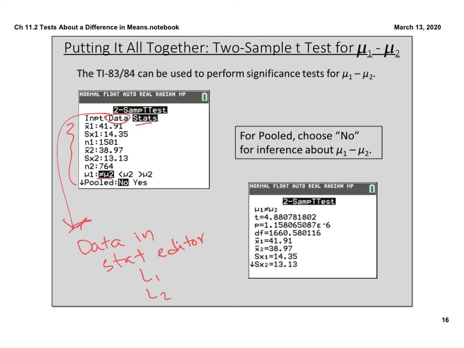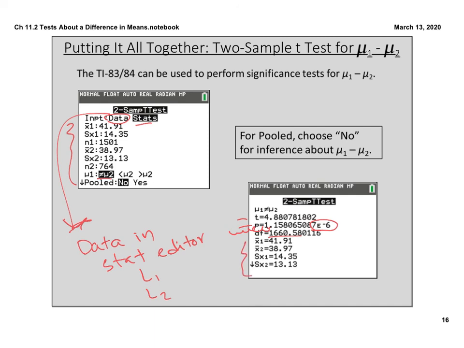This is the output that you get. They're just showing you a two-tailed test here, a not equal to. Here's your test statistic. Here's your p-value, that p-value that I got. See the e to the negative 6. That's how I knew I needed 5 zeros in front of that 1, because I had to move my decimal point back 6 places. My degree of freedom was 1,660.58, and then they show you the mean and the s of x again.